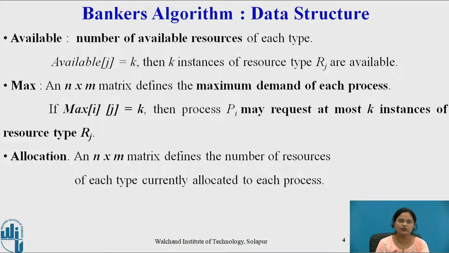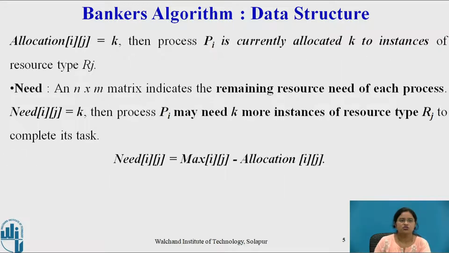So, Allocation[i][j] equal to k means process Pi, i stands for process, j stands for resource, k stands for instance, is currently allocated k instances of resource type Rj.